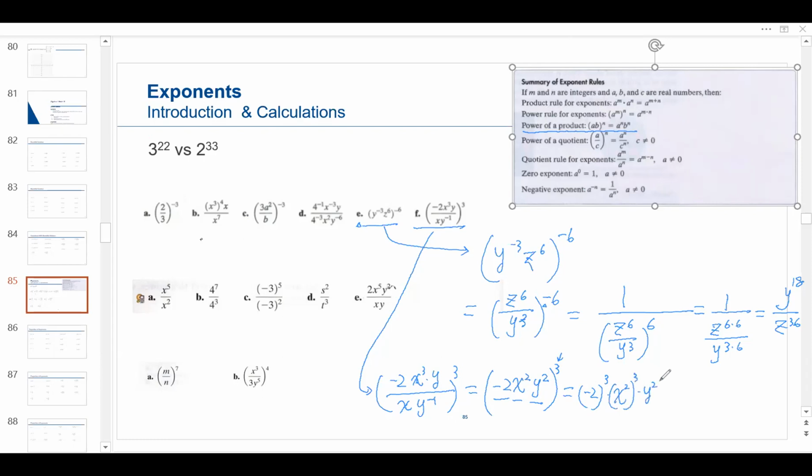So here I got negative 2 times negative 2 times negative 2, so I got negative 8. What about this one? X 2 times 3, so you got 6. Y 2 times 3, you got 6. And that's the final answer. So you can change these kinds of complicated situations into a very simplified expression.